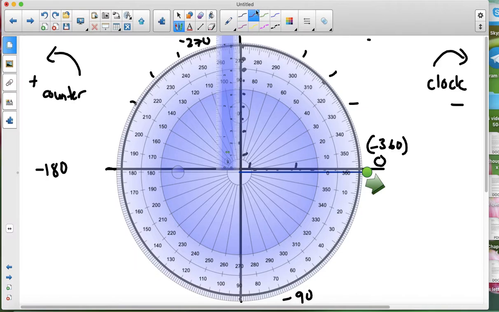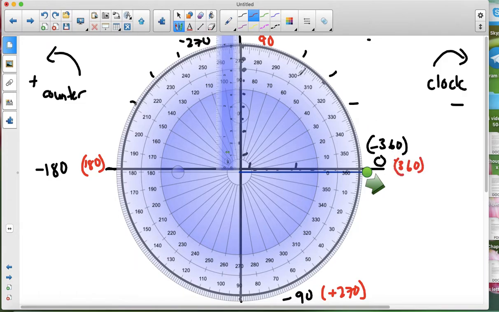Or you can go in the positive direction and go 0, 90, 180, and then positive 270, and then 360.